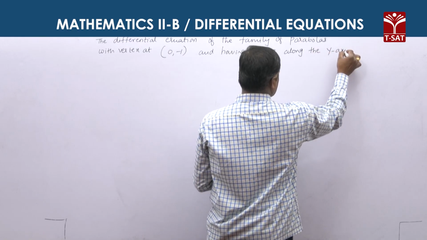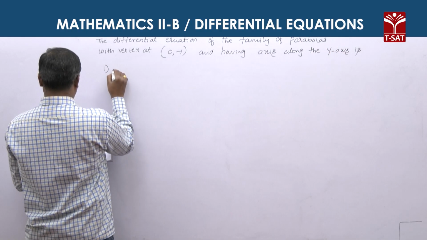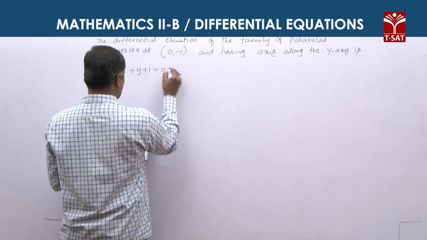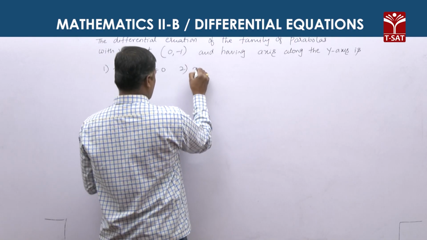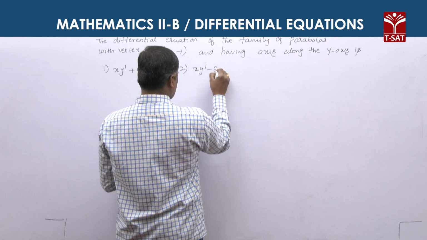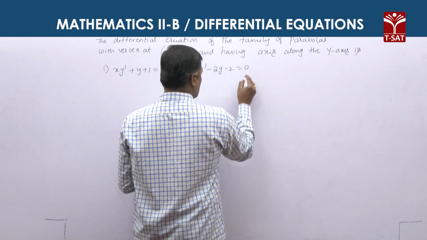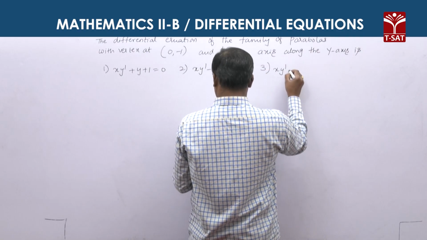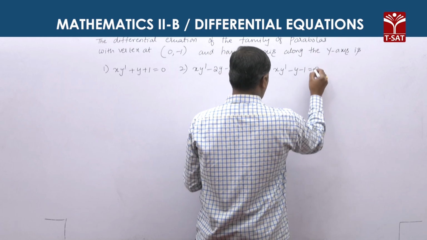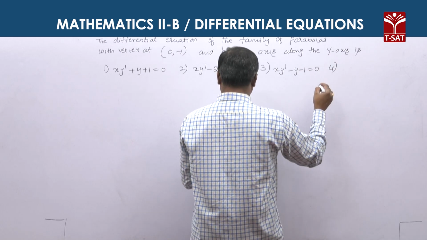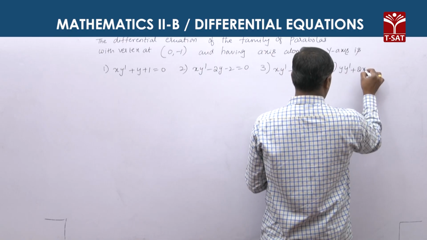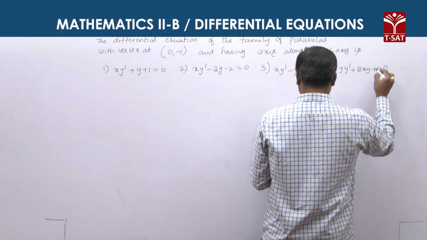First option: x into y dash plus y plus 1 is equal to 0. Second option: xy dash minus 2y minus 2 is equal to 0. Third option: xy dash minus y minus 1 is equal to 0. And fourth option: y dash plus 2xy plus 1 is equal to 0.